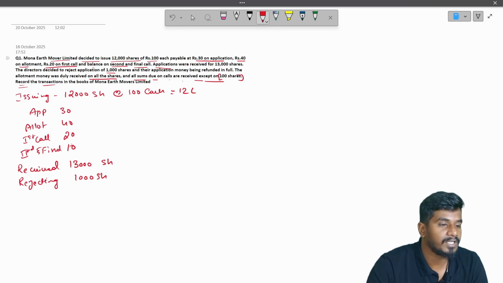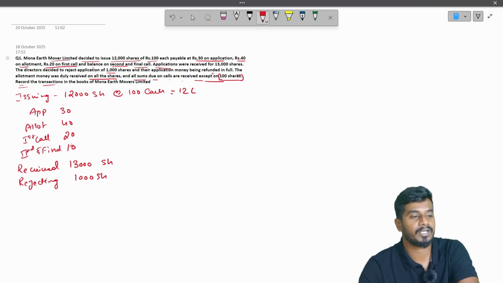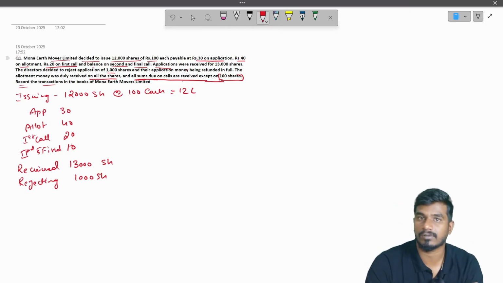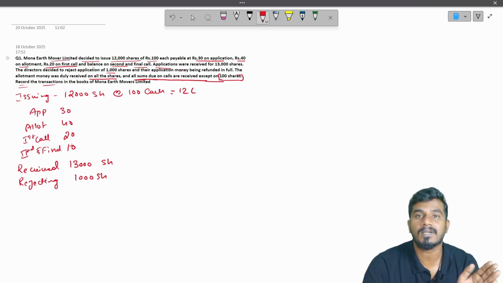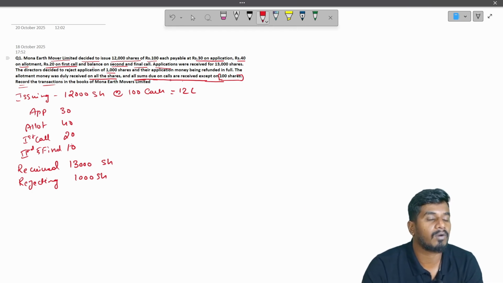So, what is calls in arrears? One point you should note down. Here, they didn't mention it is due from the shareholders. They are saying all sums due on calls are received except on 100 shares.